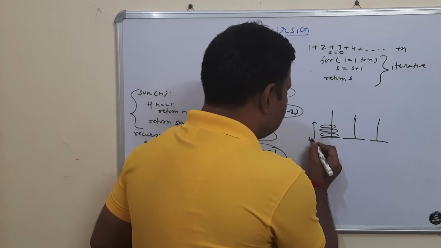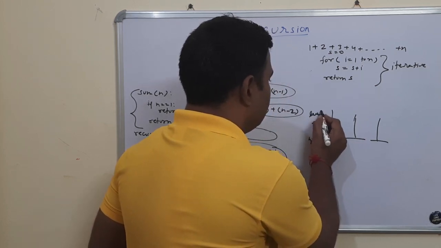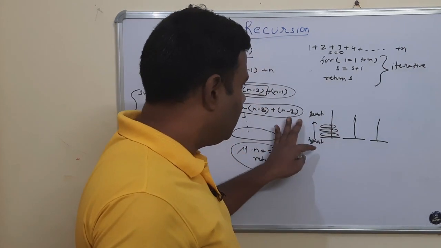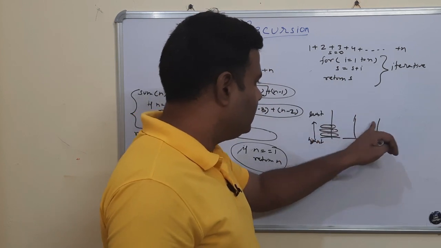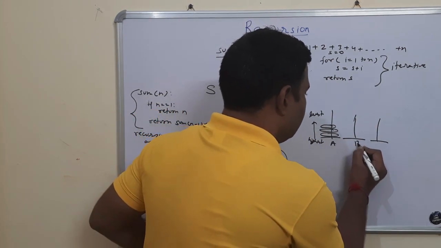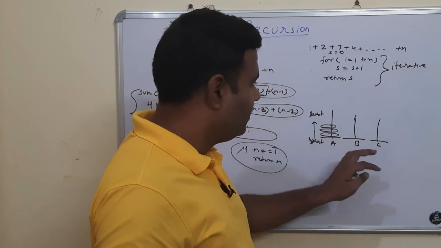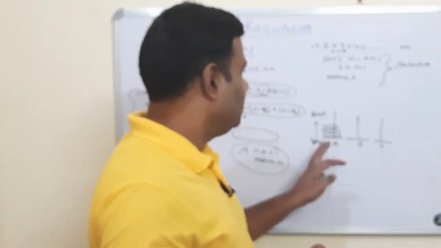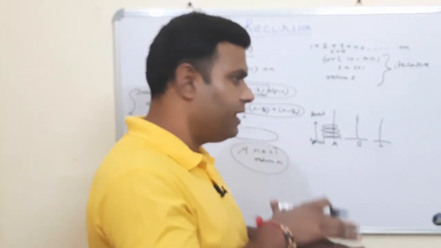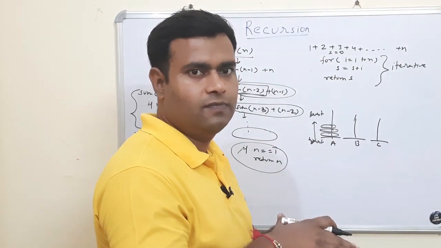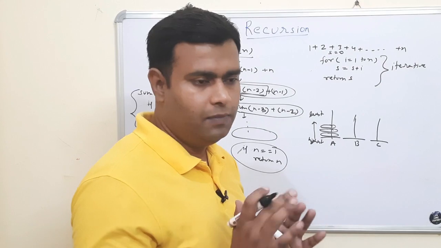So the bottom one is the highest, and here at the top we have the lowest. Now you have to transfer these disks, let's say this is tower A, tower B and tower C. You have to transfer all the disks to tower C, but the catch is you can't put a disk which has a higher radius on top of a smaller radius disk.